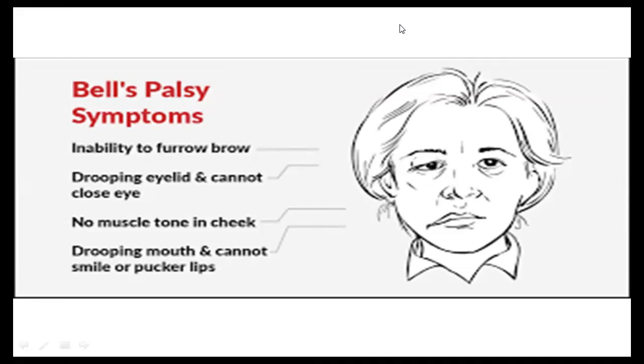Correct. When you retract the upper eyelid, the eyeball goes upwards first. Yeah. Correct. Lower motor neuron type, where the whole face is affected. The furrowing and all that.